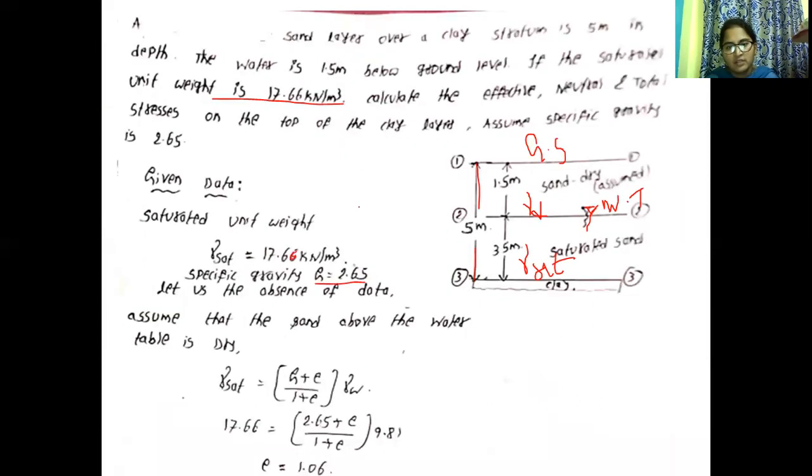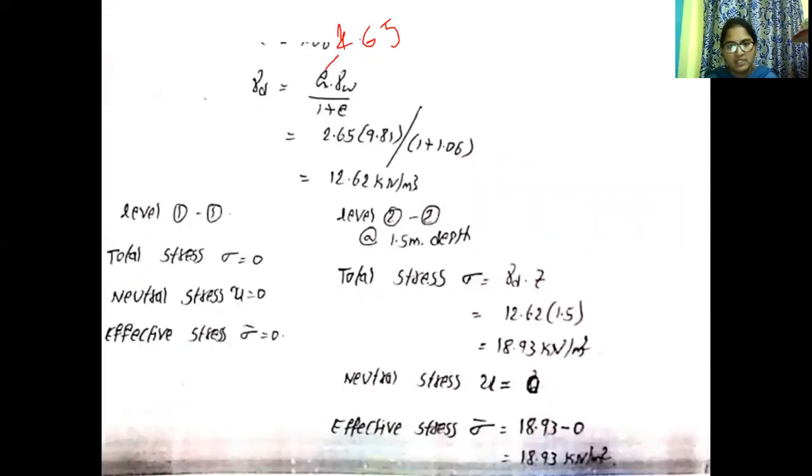The e value we can already determine with the help of the gamma saturation value. So gamma d is equal to G gamma w by 1 plus e, 12.62 kilonewton per meter cube.